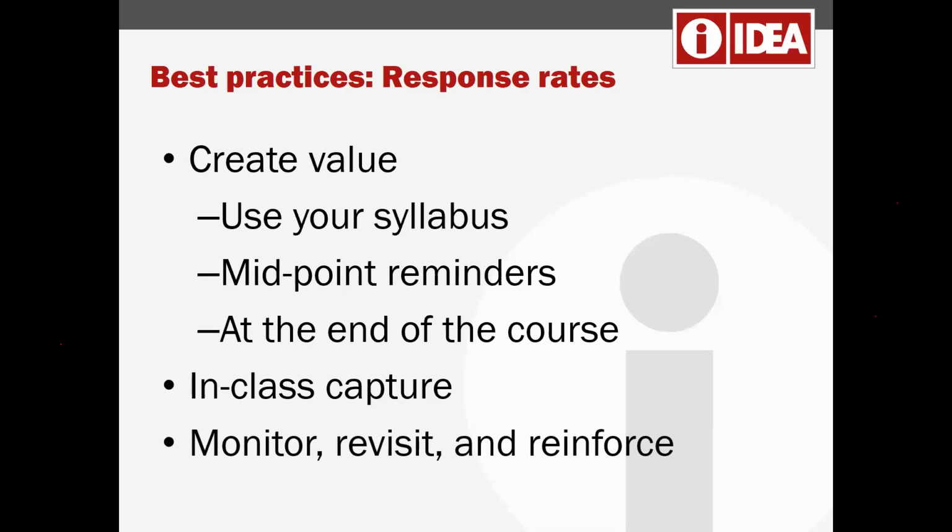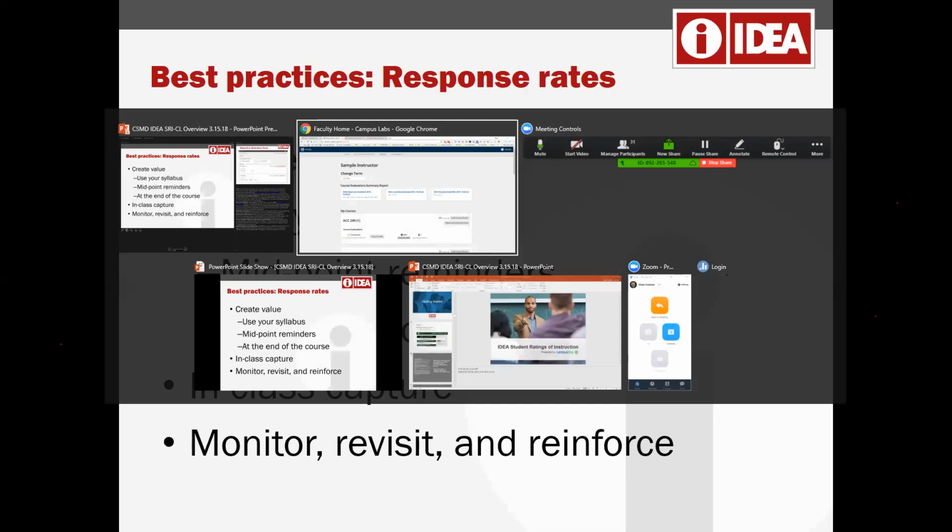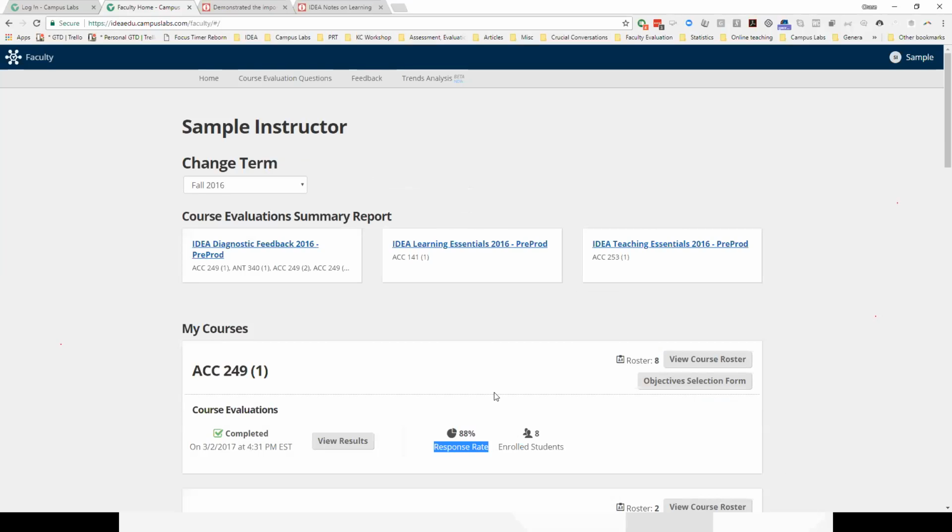By that, what I mean is here in the system, you now have the ability to monitor your response rate while it's still active. So while students are still taking the survey, this number changes. If you administer some time in class to do the survey on a Tuesday, and you meet again on Thursday and you're at 70% and you're not happy with that, you can tell students that they can still go back in and complete it if you'd like, up to you, but that's one way you can improve the response rate.